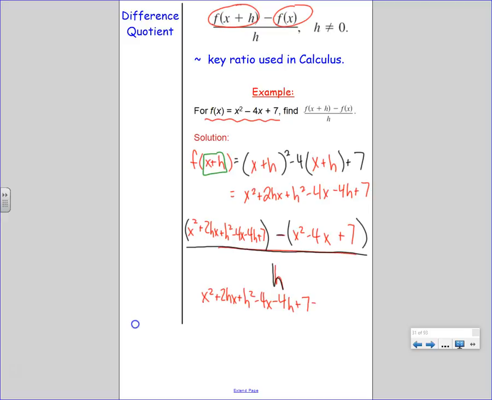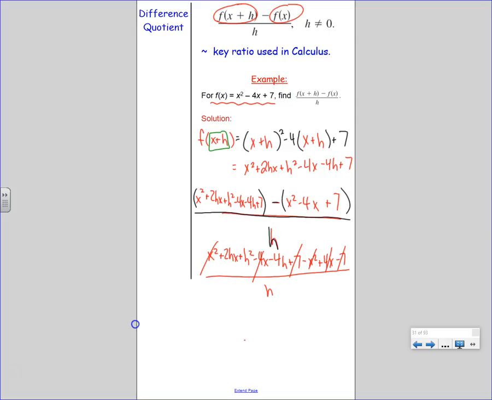I distribute my negative, and then I ask myself, any like terms? Then I say, oh, this is nifty. Everybody left has an h. So I pull out an h. Even the h's cancel. And I'm left with my final answer.